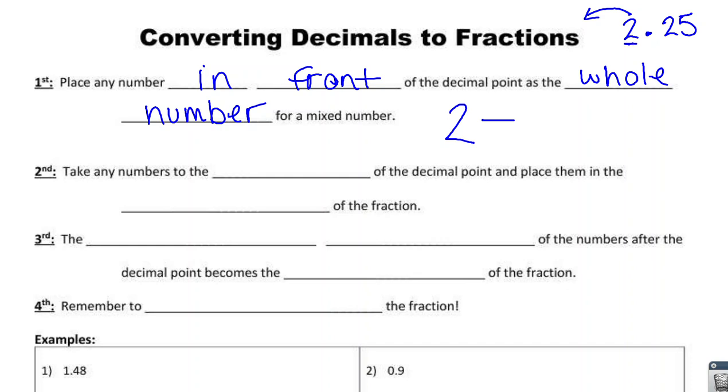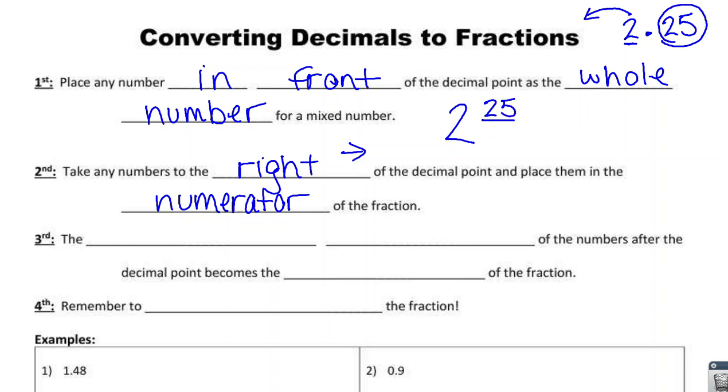Then it says take any number to the right of the decimal. And for people that struggle with directions like I do, that's right. And place them in the numerator of the fraction. So this 25 here goes in the numerator.